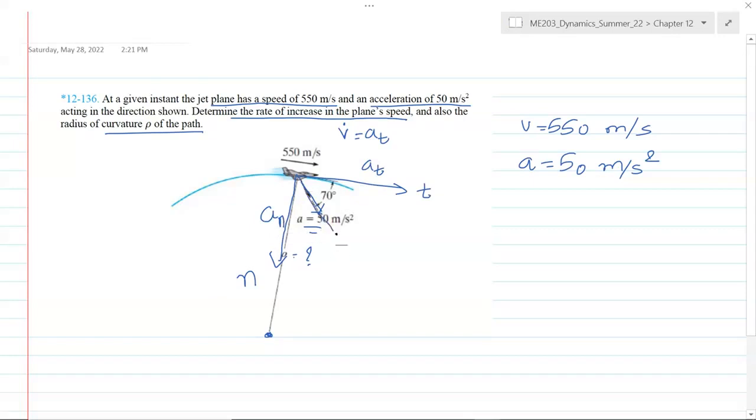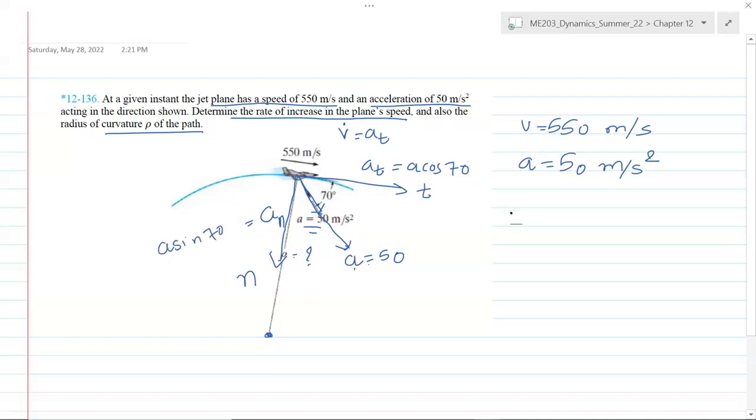And what we have been given is the total acceleration a, which is 50, and we know this angle, 70 degrees. So we can apply the trigonometric concept, and a cosine 70 is the tangential component of the acceleration, because cosine closes the angle and sine opens the angle, and a sine 70 projects the acceleration along the normal direction.